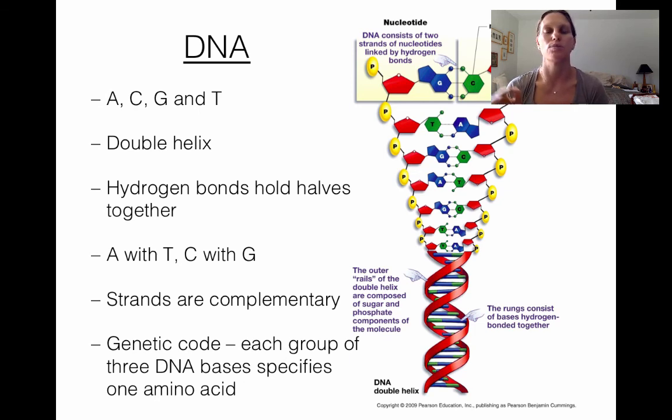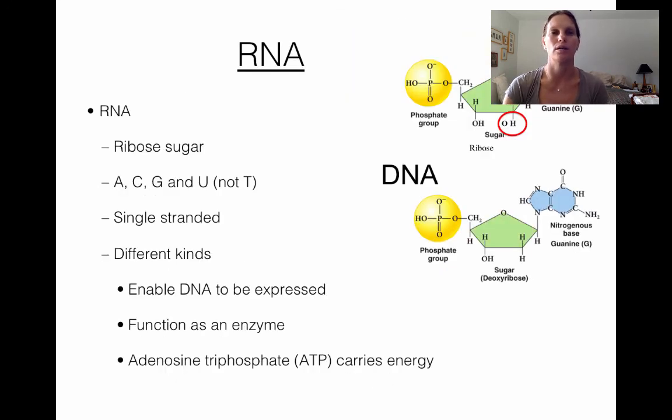So any cell that can be extracted from you would have your entire genetic information, the complete set. We'll talk about why each cell only works with a little bit of that genetic information, but every cell has it. So that's an interesting thing. We're going to get into DNA way more later on.